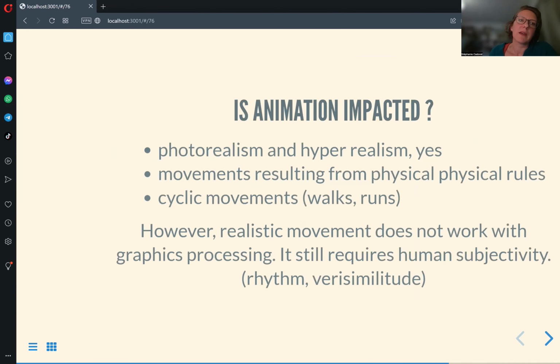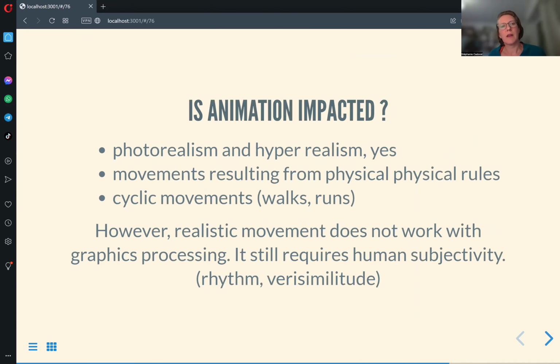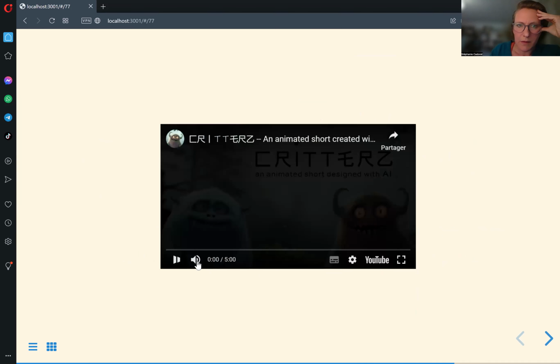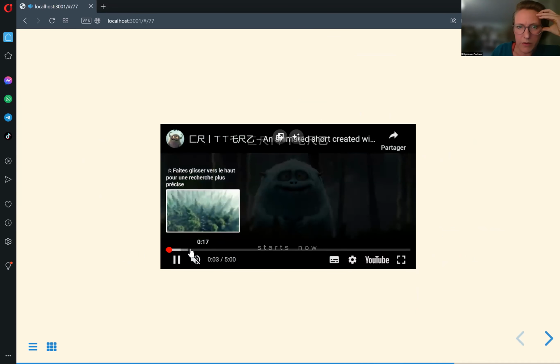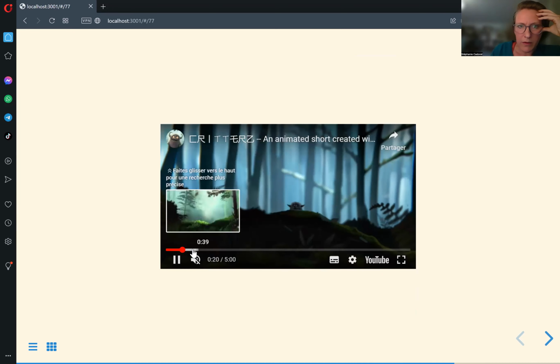Is animation impacted? For photorealism and hyperrealism, yes. For movement resulting from physical rules, for cyclic movement and such. But anything out of this field still needs human subjectivity. Here is an example of a short film made with DALL-E, and an actual actor.